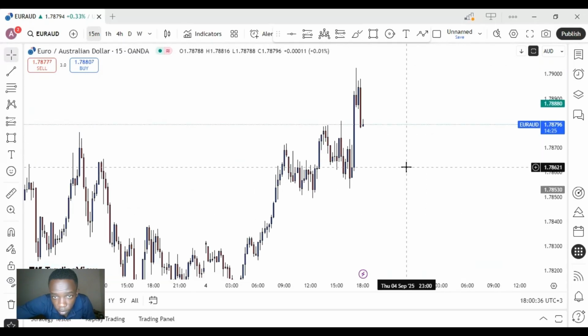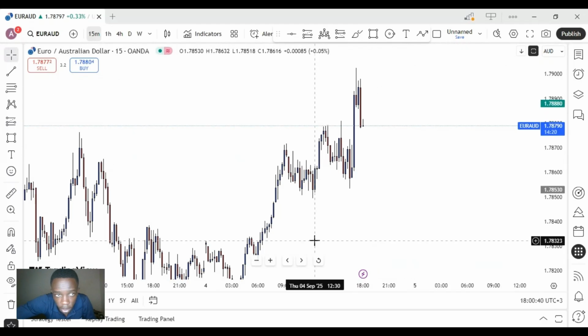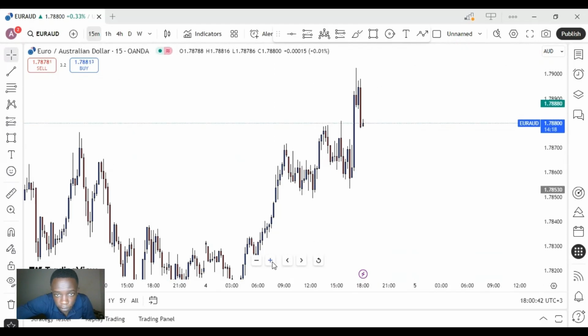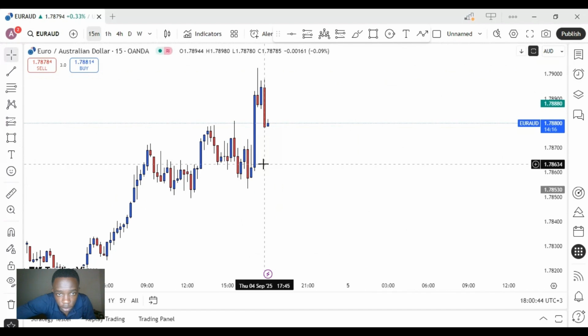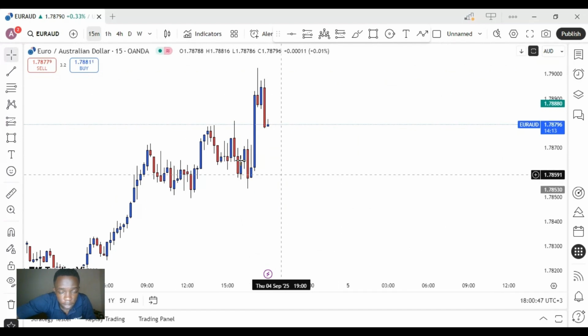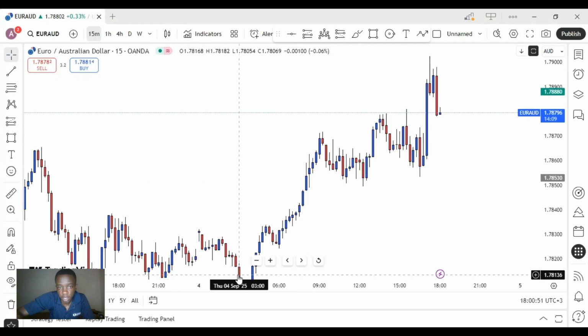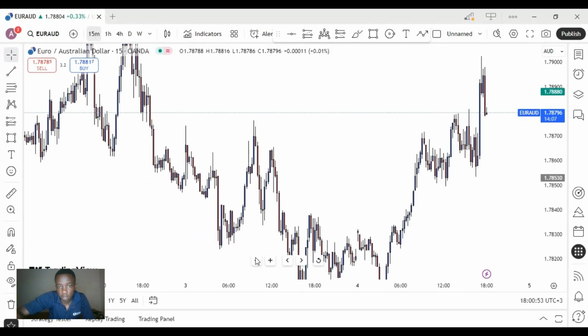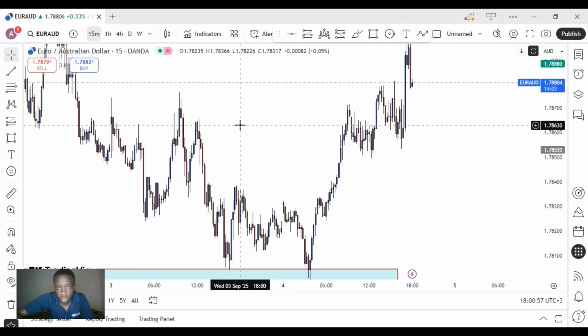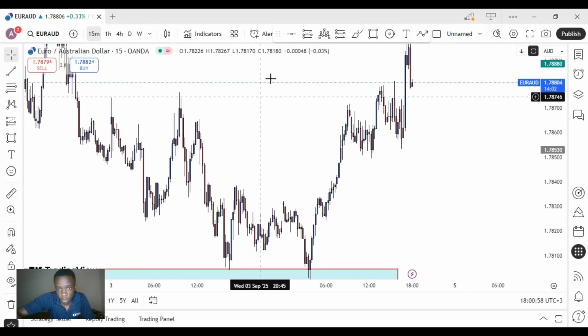Over here, we had a very strong bullish engulfing candle, showing that buyers are actively in the market. Even on the 15-minute time frame, we see that the trend is to the upside.